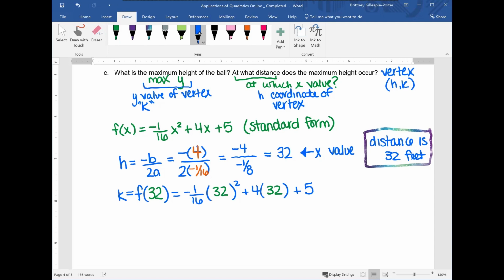Plug this into the calculator and you wind up getting 69. This is our y value, which is our height. So we know that the height of the ball is 69 feet.